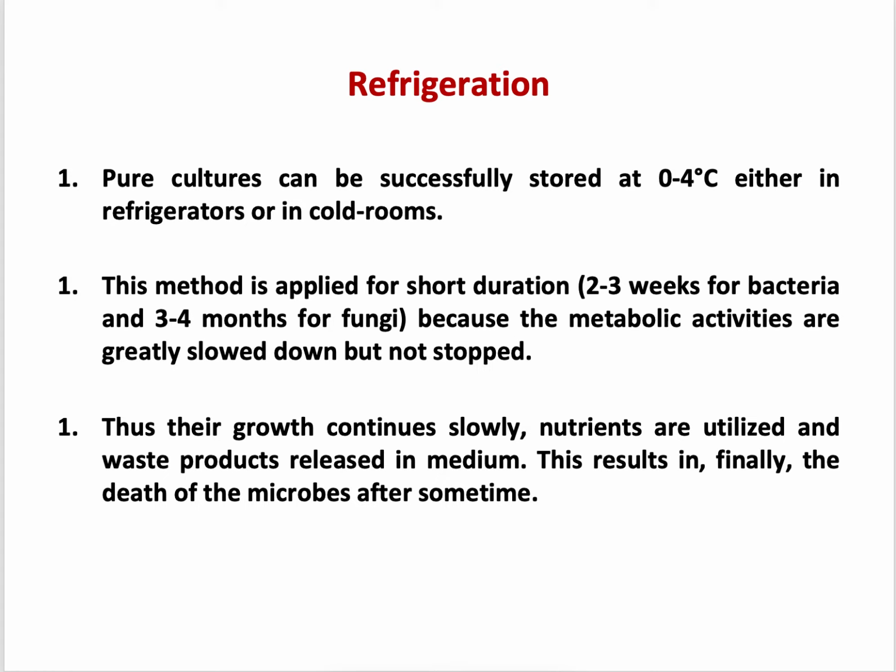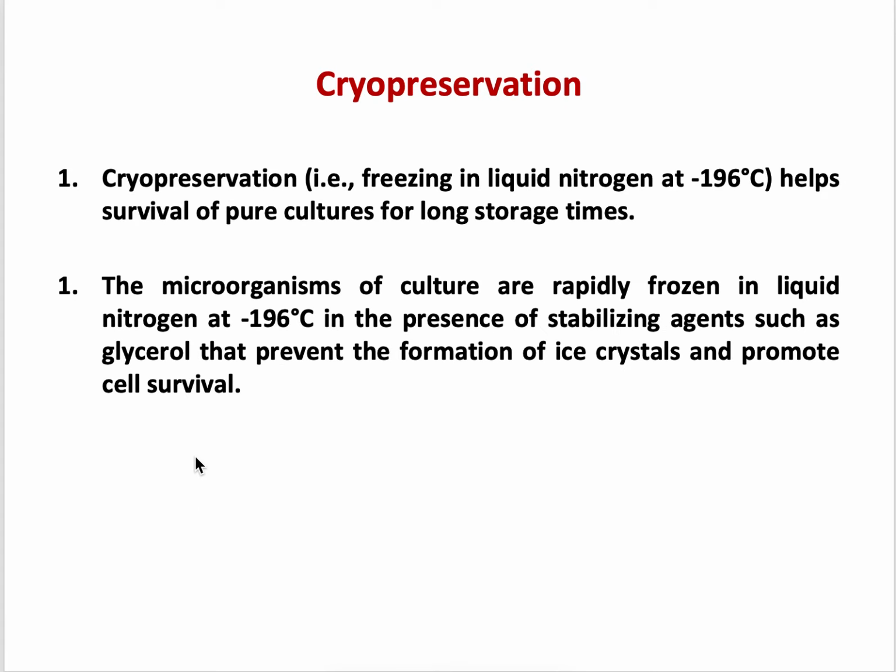Okay, so if you want to preserve for a long time, you should preserve them at very low temperature, like minus 80 degrees Celsius. Or the best is if you can preserve them at minus 190 or minus 196 degrees Celsius, which is the temperature of liquid nitrogen. Liquid nitrogen is a very famous medium to preserve or store organisms.